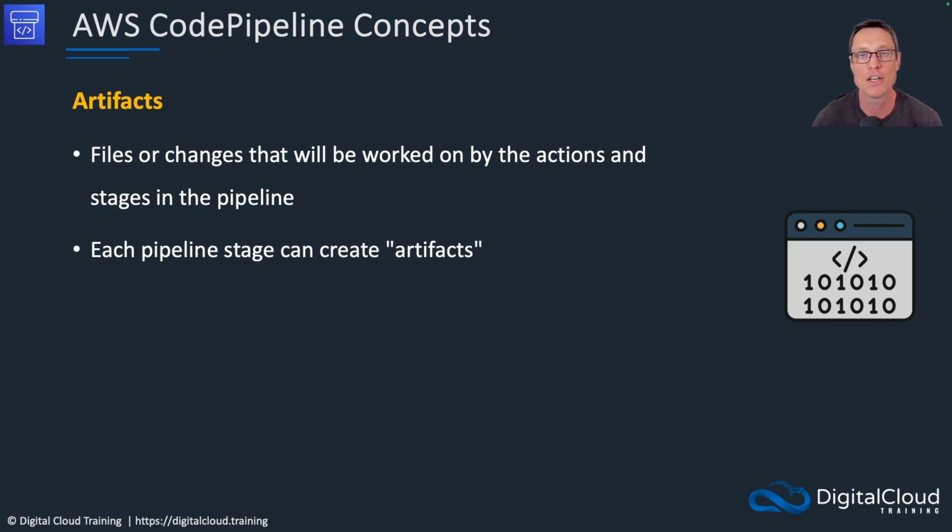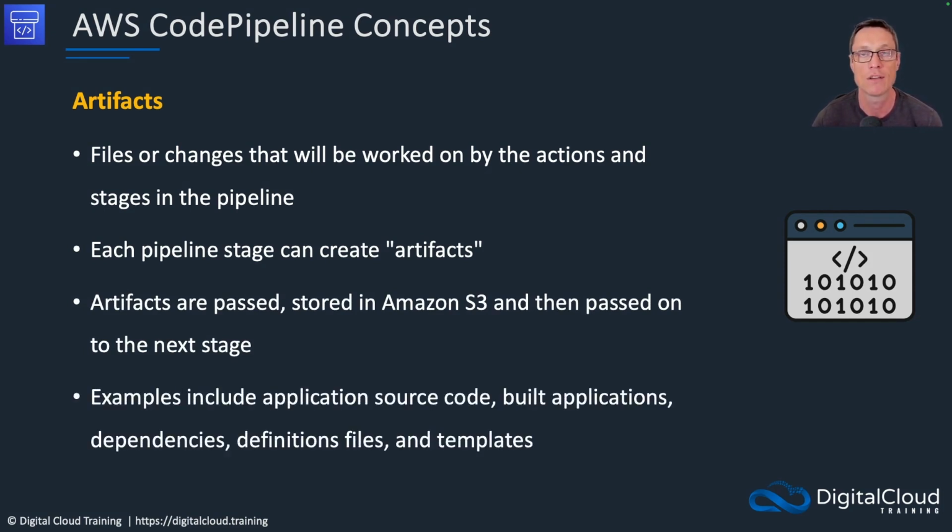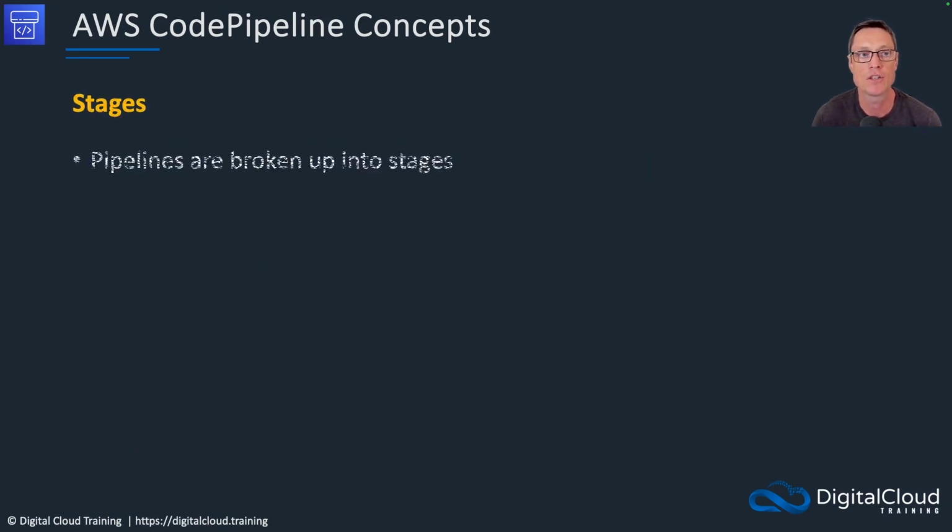Each pipeline stage can create its own artifacts. They are passed and stored in S3 and then passed on to the next stage. Examples might include your source code, your built applications, dependencies, definition files, templates, and more. Then we have stages. So pipelines are broken up into stages.